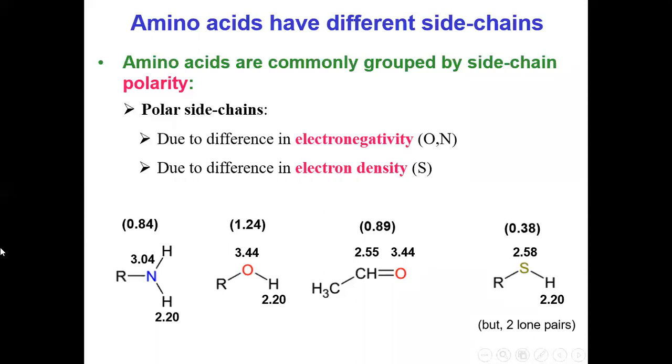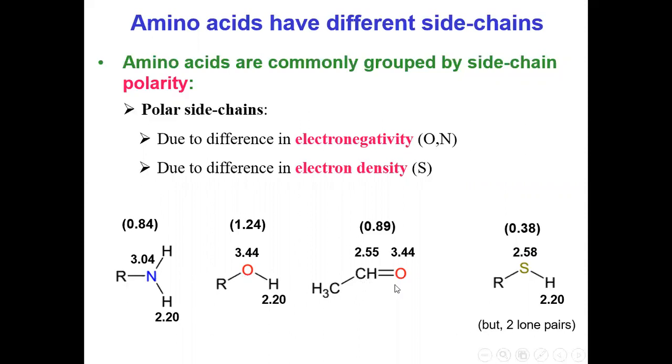We already discussed polarity in the introduction section, and we saw that this property results from differences in electronegativities between atoms that are connected through chemical bonds. And indeed, when we look at the side chains of polar amino acids, like we can see here, in this case uncharged polar amino acids, we see that virtually all of them contain bonds between an electronegative atom like nitrogen and oxygen, and another atom which has a lower electronegativity like hydrogen, or as in this case, carbon.